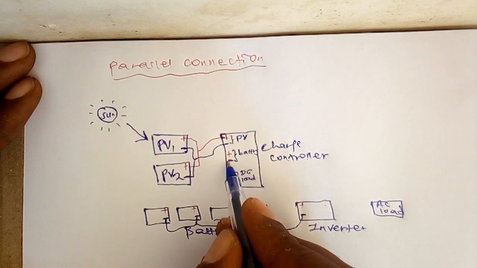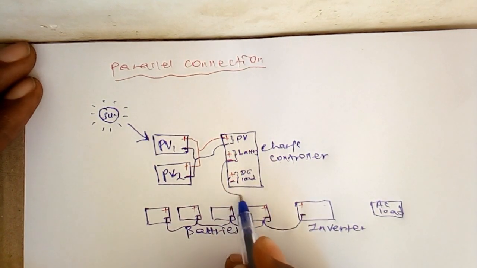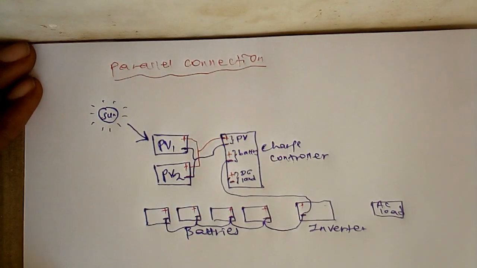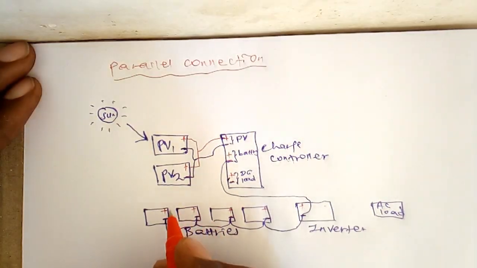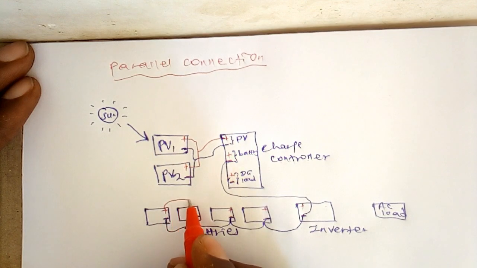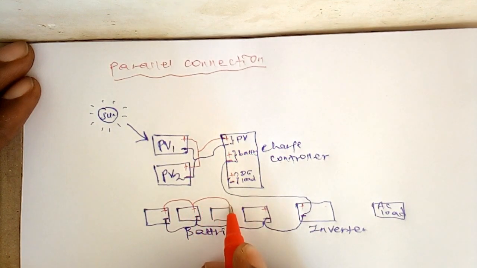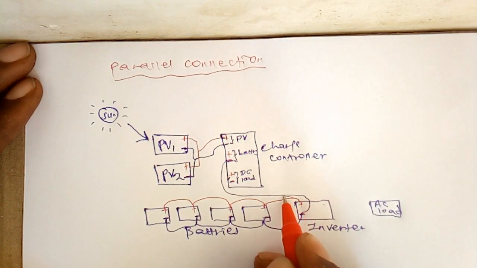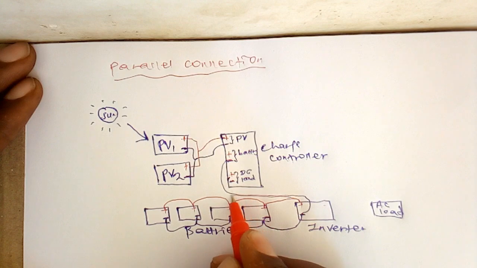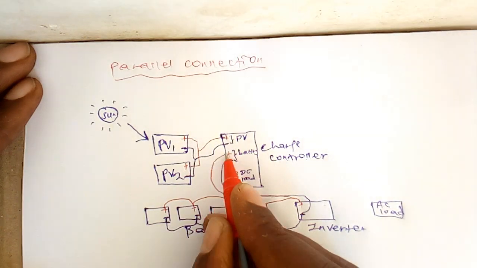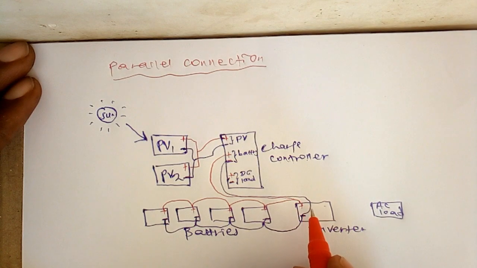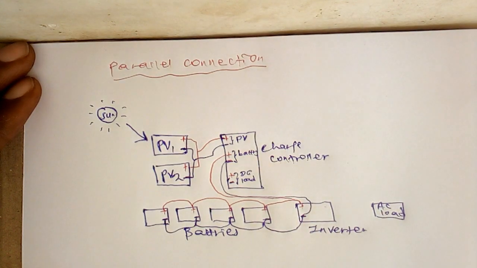Then all of this is connected to the minus side of the battery port of the charge controller, and the plus is connected to the plus of the batteries and the plus of the inverter, and all connected to the charge controller plus side, sorry.